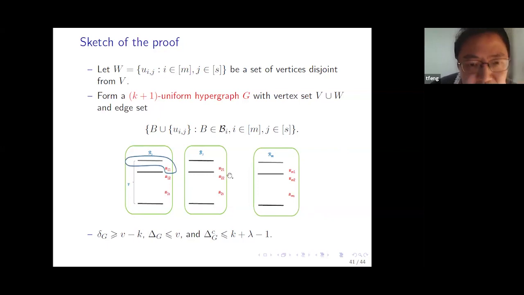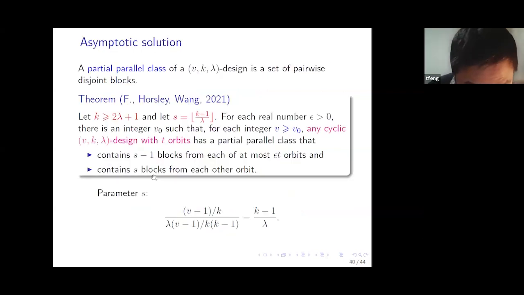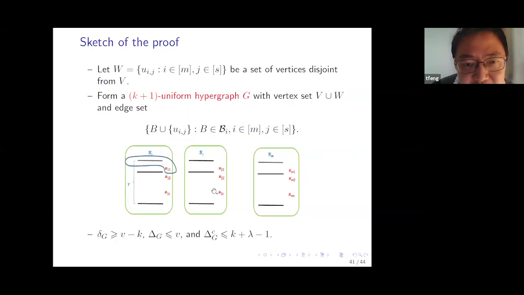The goal is to find some disjoint base blocks from each base block orbit. According to our theorem, we hope to find S disjoint base blocks from each base block orbit.